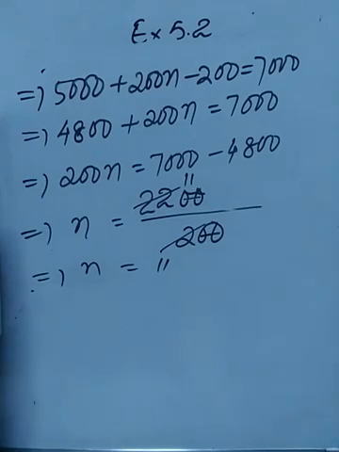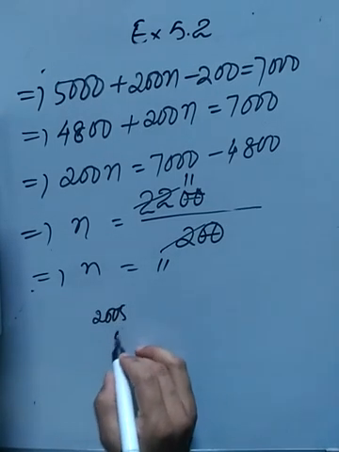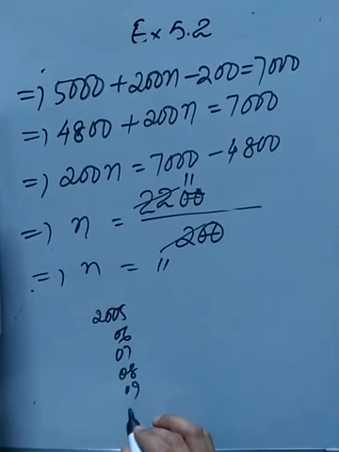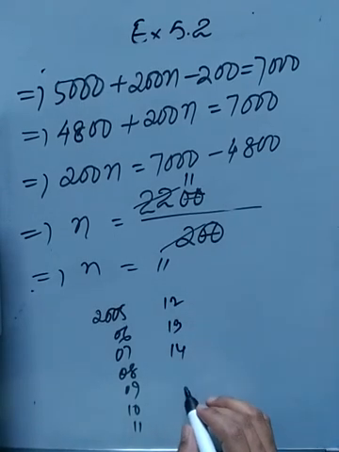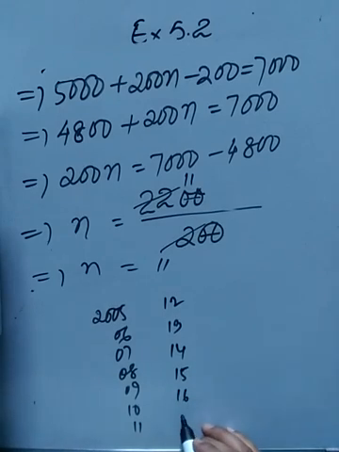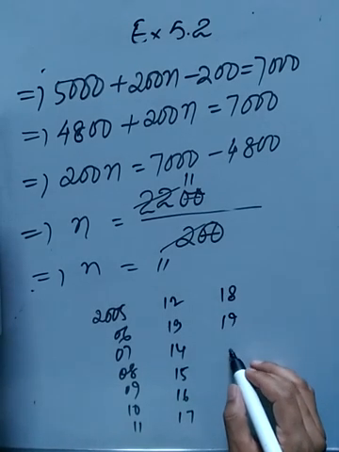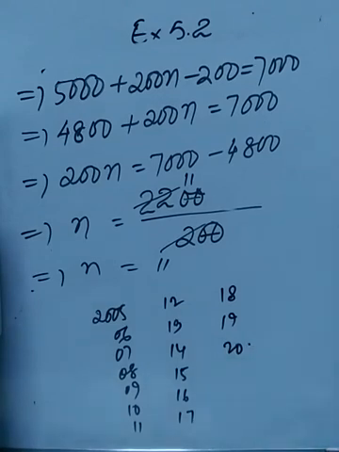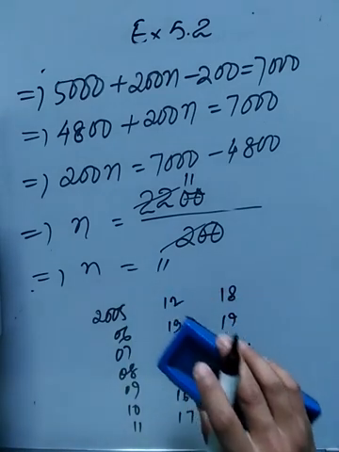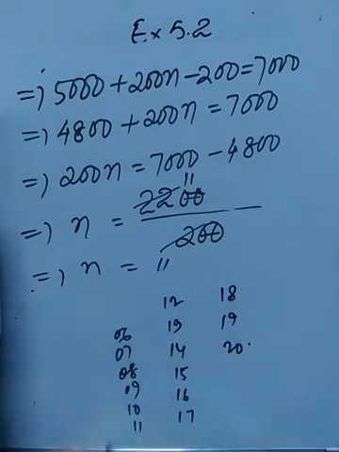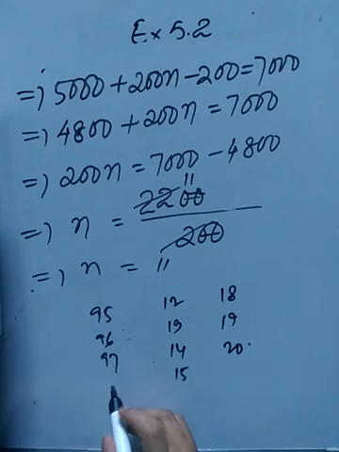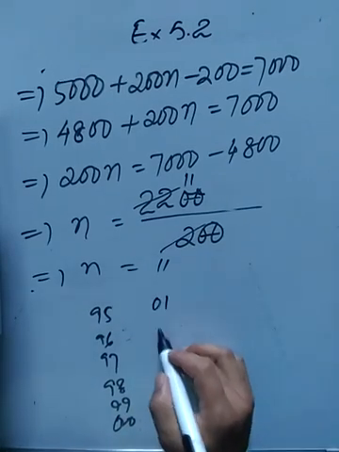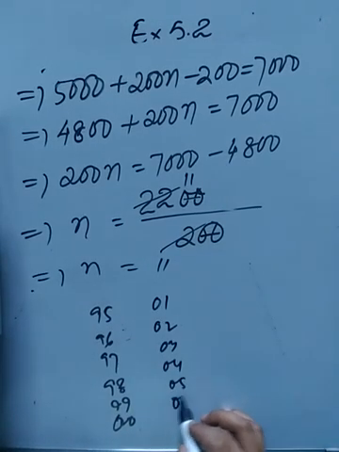Counting years: 1995, so 96, 97, 98, 99, 2000, so 2001, 2, 3, 4, 5, 6, 7.